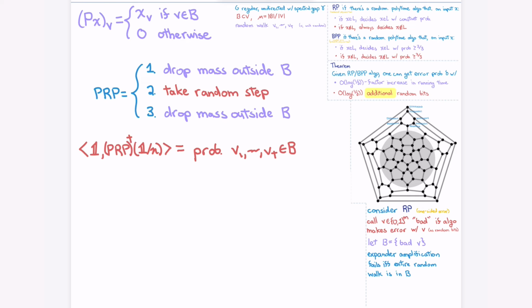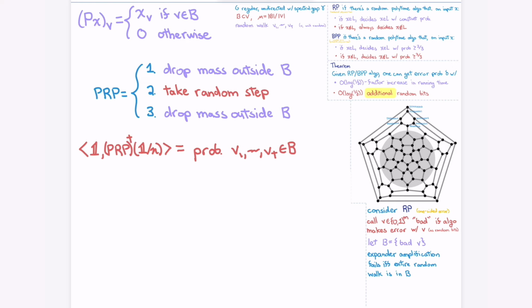P times the uniform distribution is going to drop all the mass outside of B. So you just have your probability mass inside of B. R will take a random step. Some of it will stay in B, some of it will leave. And then you apply the P function again, and it's going to drop all the mass outside of B.